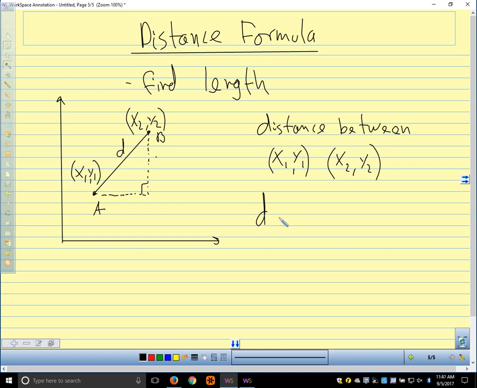We usually use a little d for distance. d equals the square root of x2 minus x1 quantity squared plus y2 minus y1 quantity squared. And that is the Pythagorean theorem on this little triangle. So that's how we would find the length of that side.